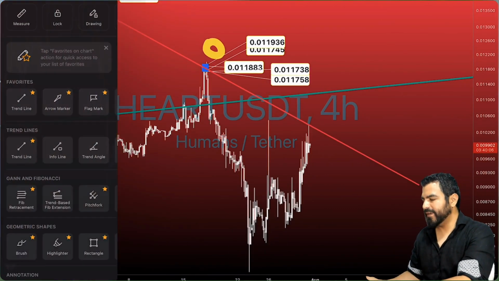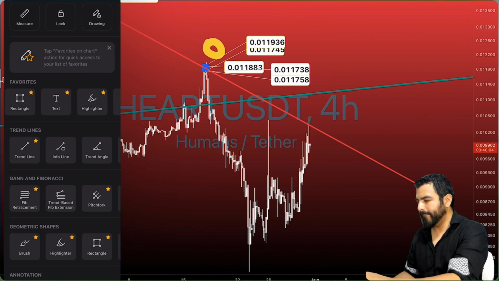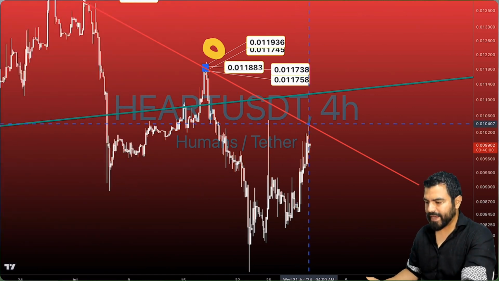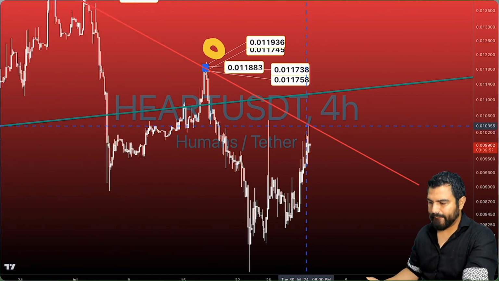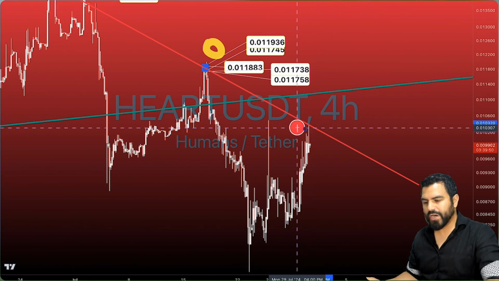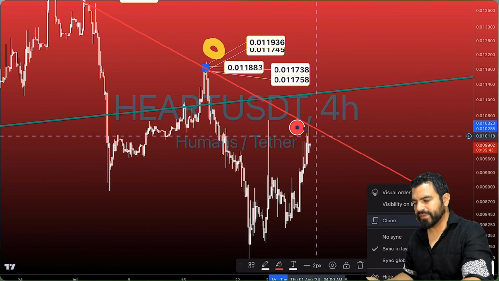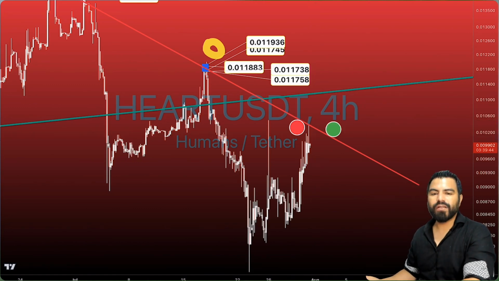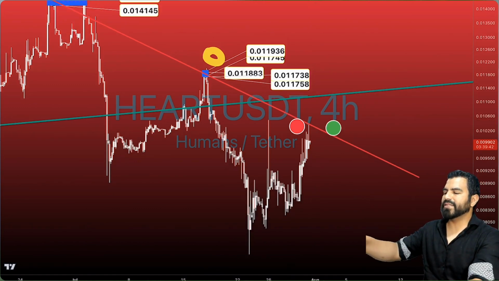For Heart, at the moment, we are pressing up against the top, and that is generally where we're going to look for a reversal. Now, will it reverse? We need confirmation for that, but this is where I want to look.